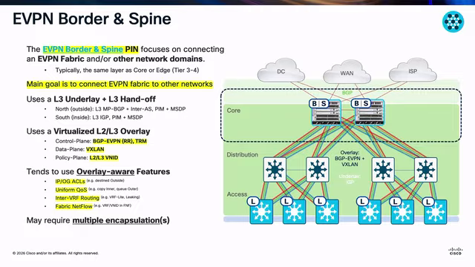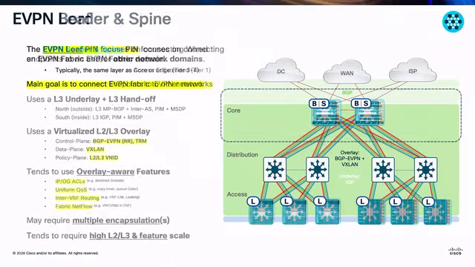If you're going to choose a device that's going to be your border or spine, you probably want like a 9500, 9600, simply because of the scale that it supports, okay? The other thing you'll notice is that's usually the core of your network. So you already know these things and you're building on top of them. Now I'm just going to put that same core box. He's going to be my EVPN border or spine node, okay?